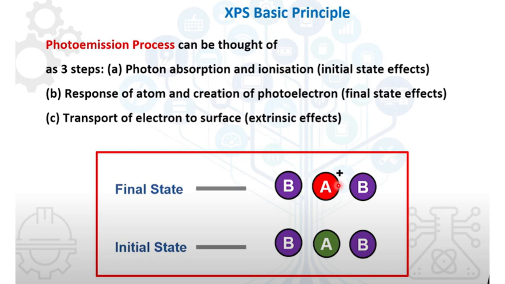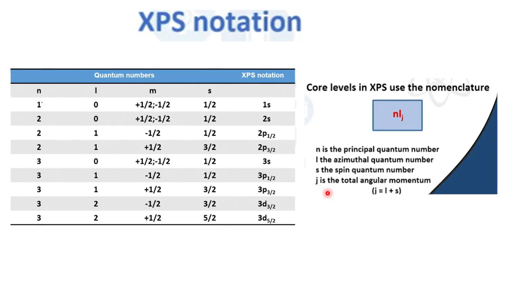So this is the final state, forming a positive charge. Now in XPS, there are some different notations based on the quantum numbers. You may say it is a kind of term symbol, where n is the principal quantum number, L is the azimuthal quantum number, and J is the total angular momentum, L plus S.